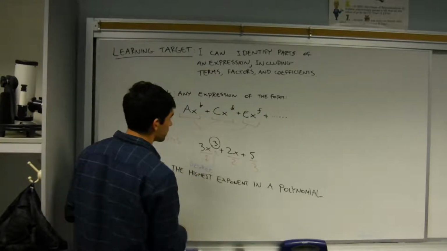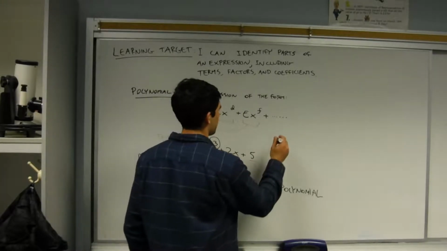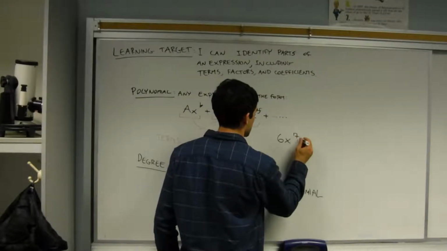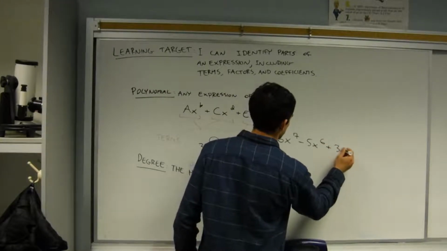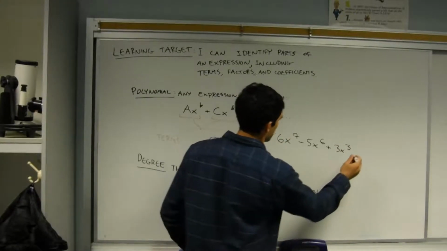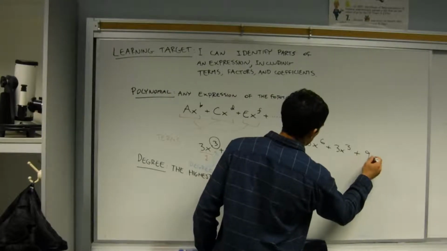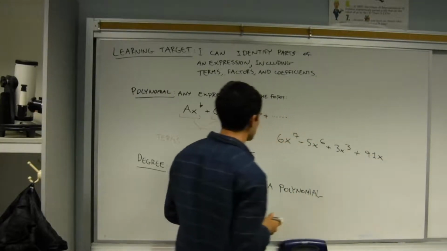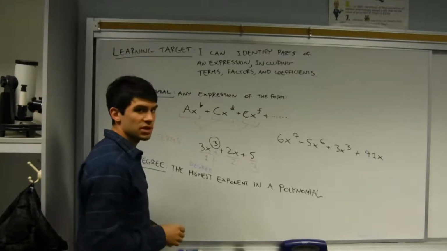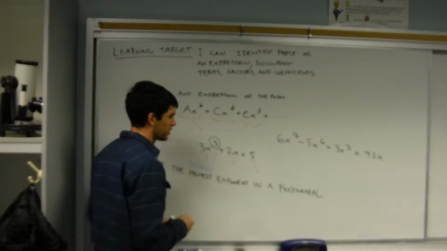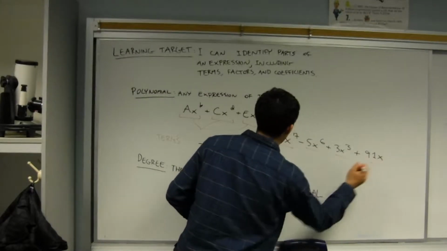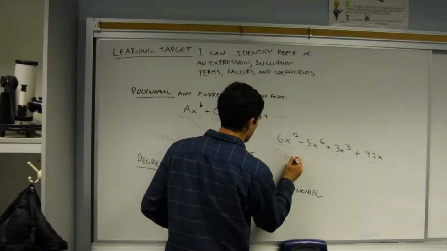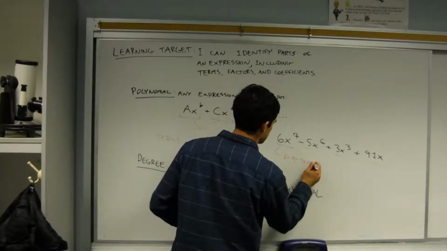Let's look at another example. Suppose we have 6x to the 7th minus 5x to the 6th plus 3x cubed plus 91x. How many terms are in this polynomial expression? There is 1, 2, 3, 4. So we have 4 terms.